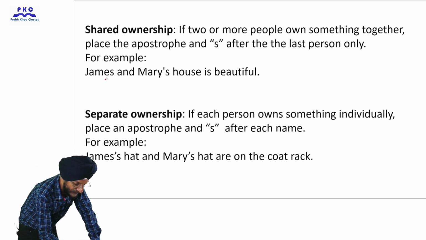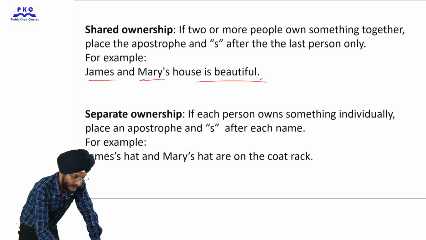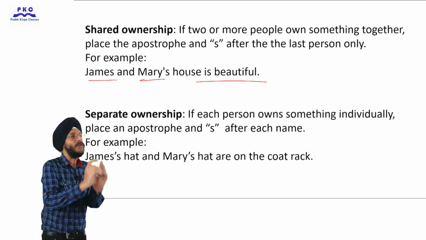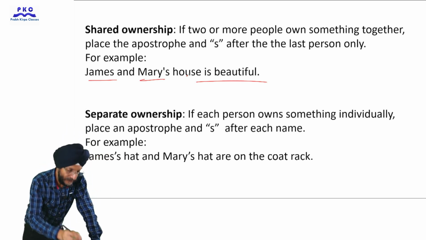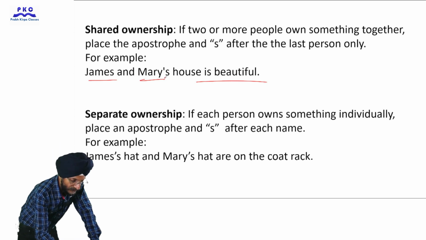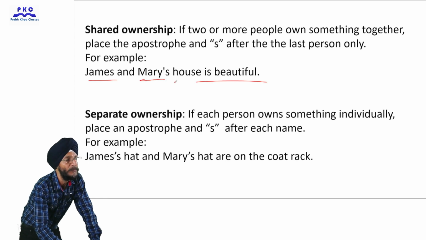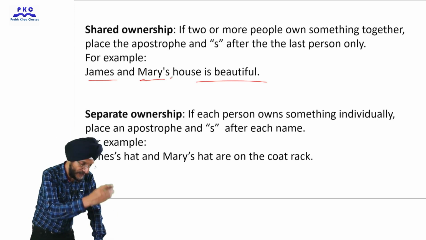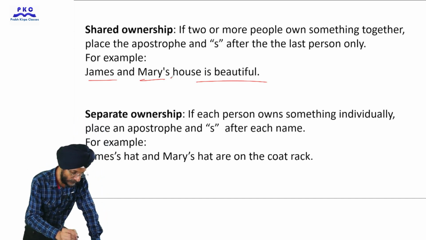Here you will see that James and Mary's house is beautiful. That is, the house belongs to 2 persons, James and Mary. Here to show that this house belongs to both of them, we are adding apostrophe plus s only on the last person. Mary is the last person in the sentence. We are not saying James's and Mary's. We are simply saying James and Mary's house is beautiful.